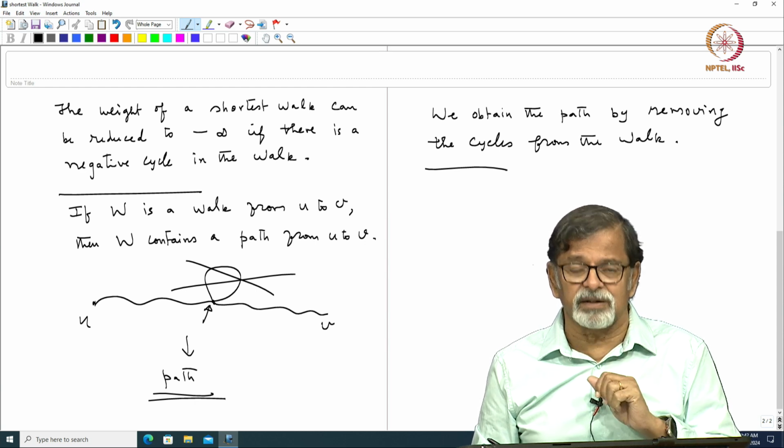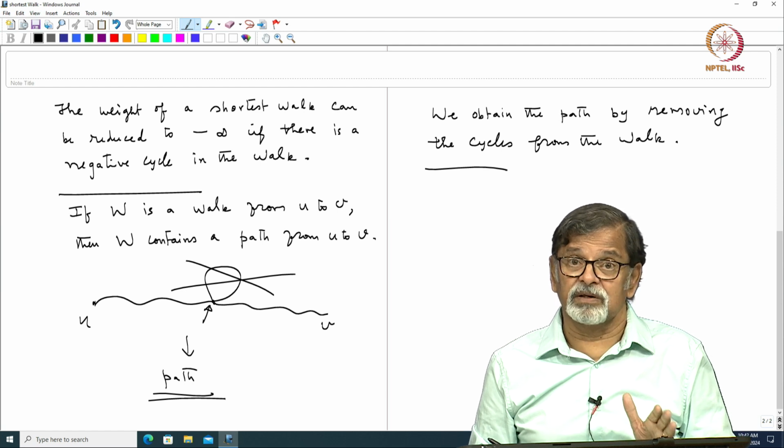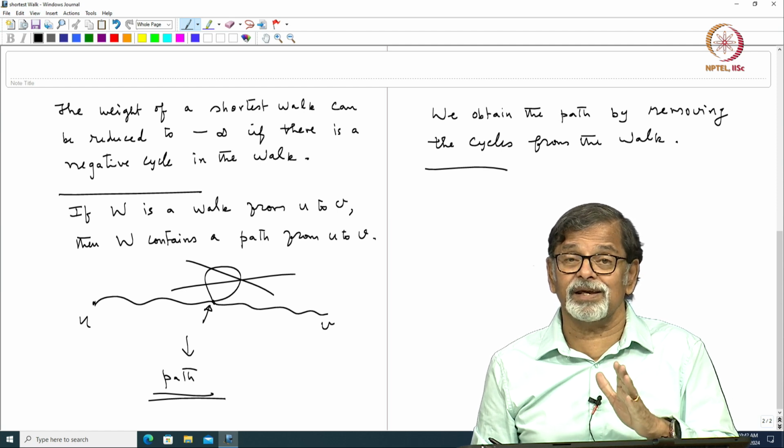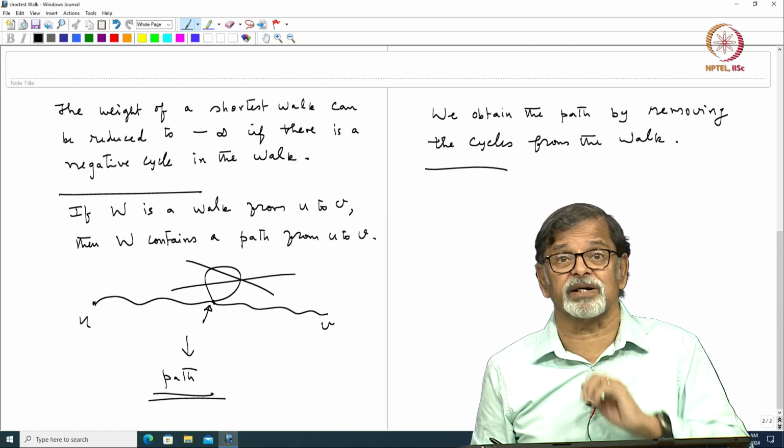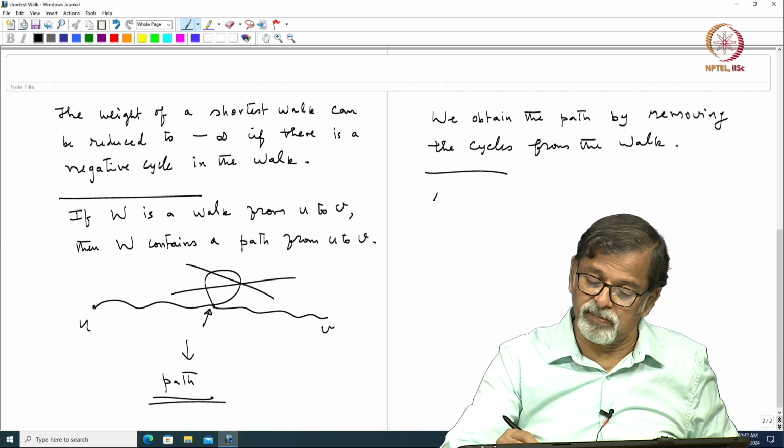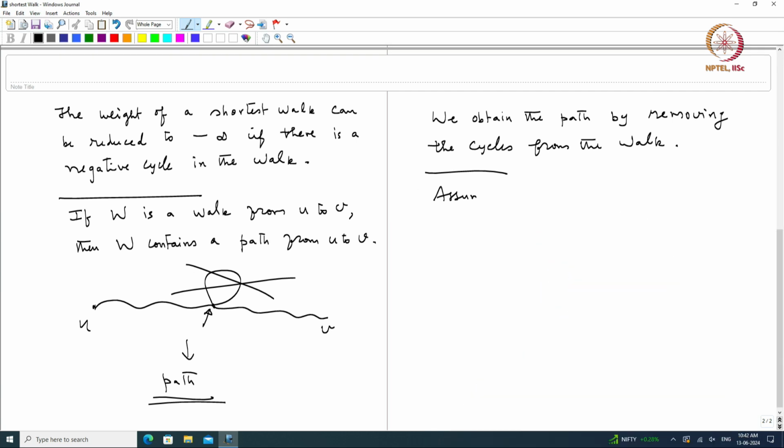We also see that now if G has no negative cycles, assume that G has no negative cycles.